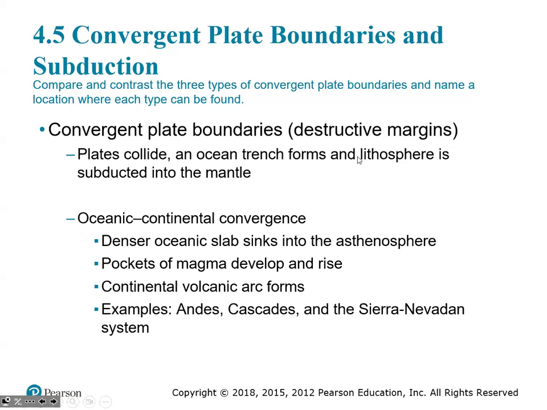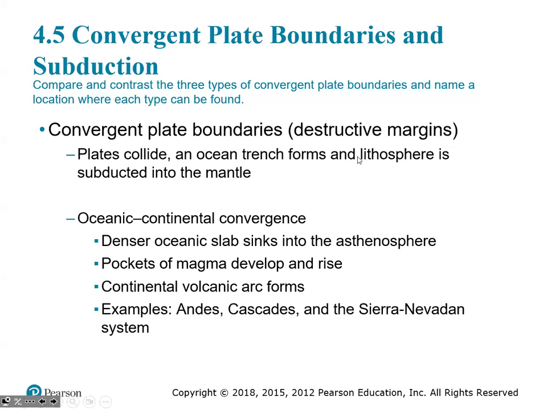You can have oceanic-oceanic convergence, where oceanic plate runs into oceanic plate, and whichever one is denser subducts. This tends to form volcanic island chains like Japan, the Aleutians, the Marianas, things like that.